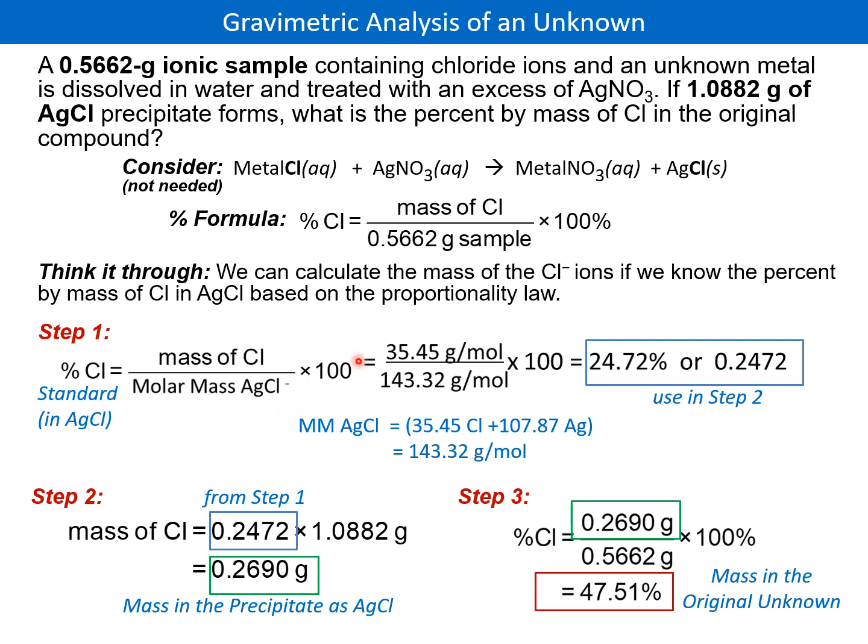To do that, we simply take the molar mass of chlorine and divide it by the molar mass of silver chloride. Here we show you how to calculate the molar mass of silver chloride. We multiply by 100, and we discover we have approximately 25% chlorine in a standard silver chloride sample. And that's what we have in this 1.0882 grams.